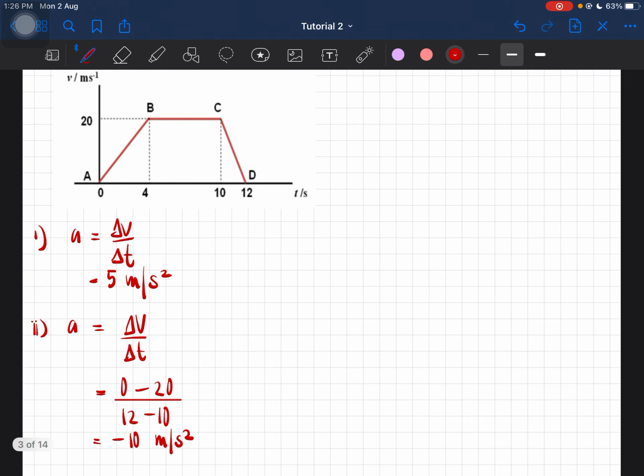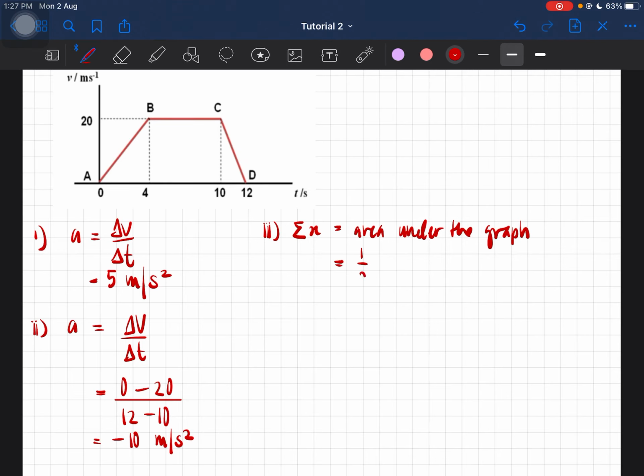Alright? Okay, now it is asking about the total distance traveled, where the total distance traveled is equal to the area under the graph. Okay, so it is the area under the graph. So let's find the total distance.